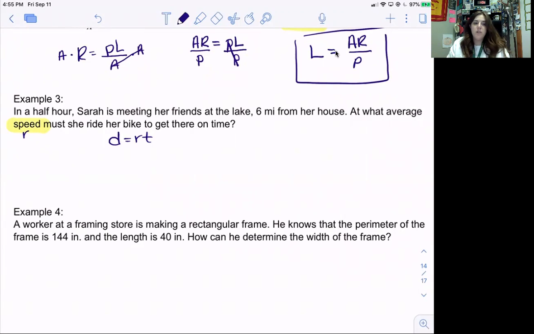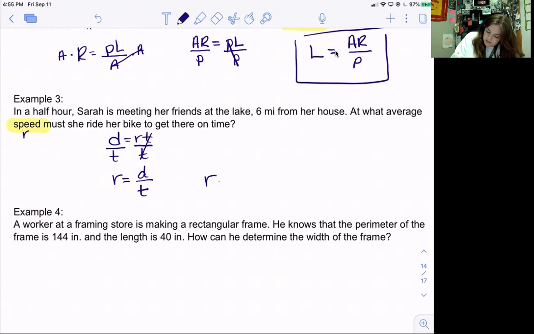So if we solve for that first, to get R by itself, we would need to divide by T. What we do to one side of the equation, we do to the other. So R, or the rate, equals the distance divided by time. Now we can simply plug in what we know.